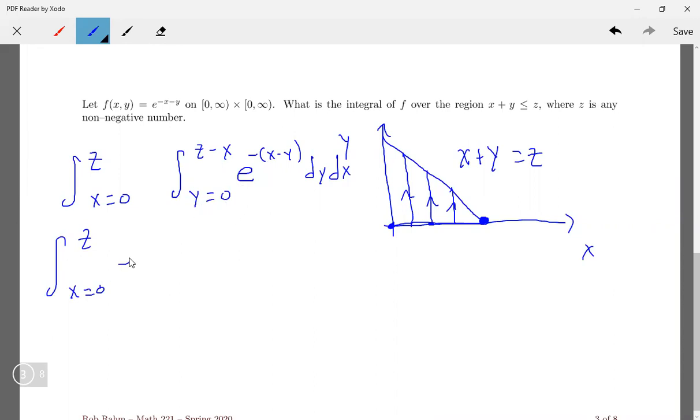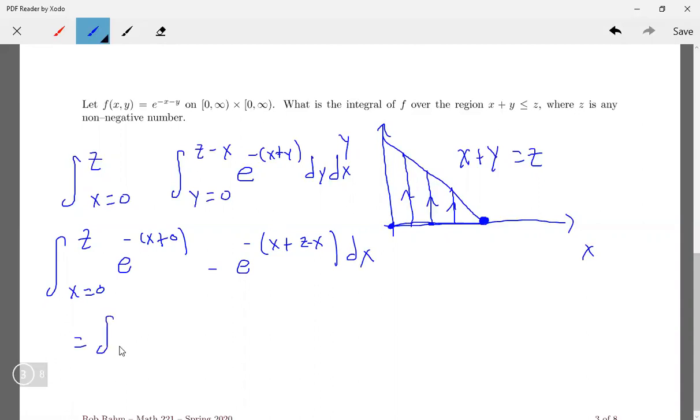So this is e to the minus x. Sorry, this is actually plus, isn't it? e to the minus x plus 0, minus e to the minus x plus z minus x, dx.